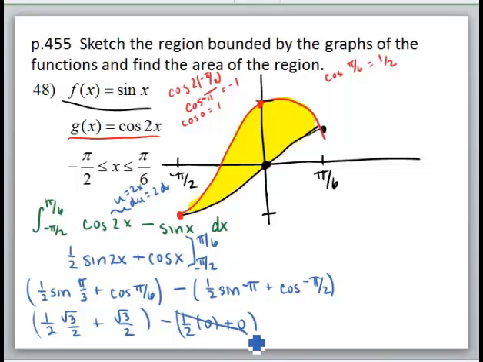So this ends up being 0. And so when you combine and you add those together, you end up getting 3 square root of 3 over 4. If you can't see that, you just have to make a common denominator right here. So you have square root of 3 over 4 plus, this will be 4 over 2 square root of 3. And there's your 3 square root of 3 over 4.